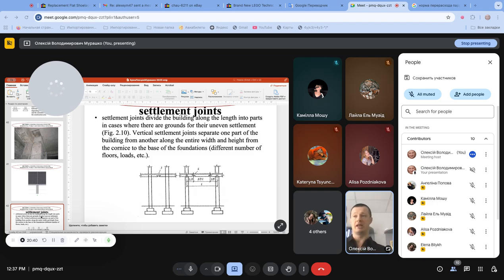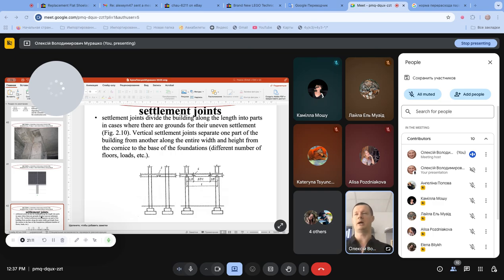Thermal joints do not divide the foundation into parts, because we know that underground, at 3 meters or even less, we have a constant temperature. It's like 12 degrees all year round. So when we have a constant temperature, we will not get those significant deformations, so there is no need to cut the foundation into parts.